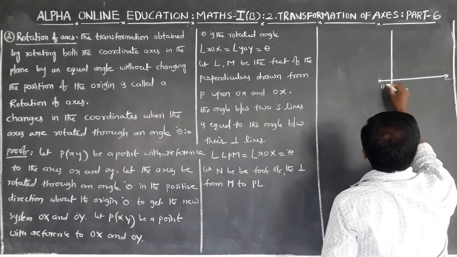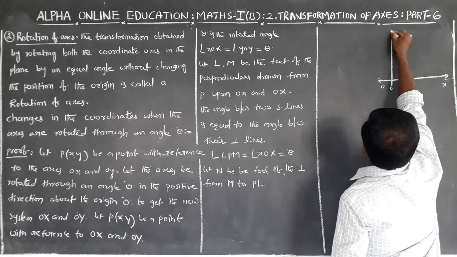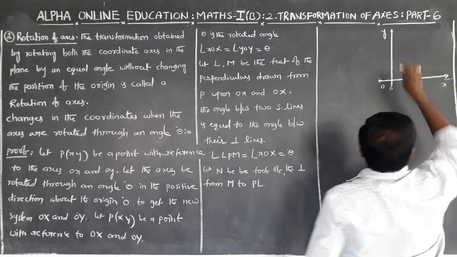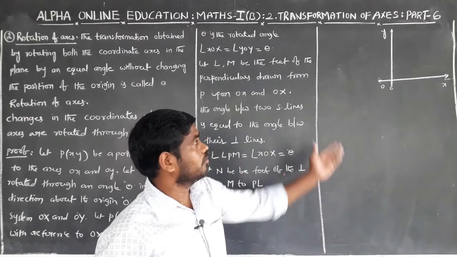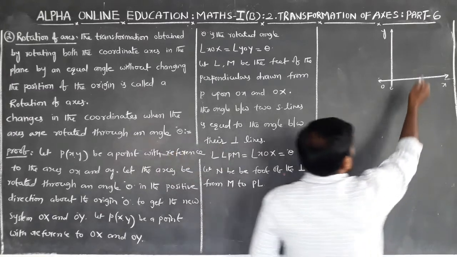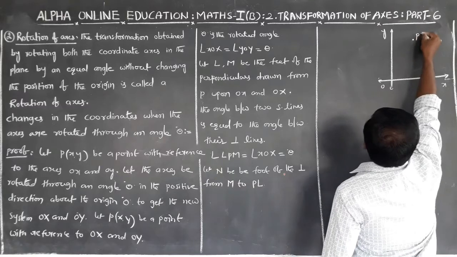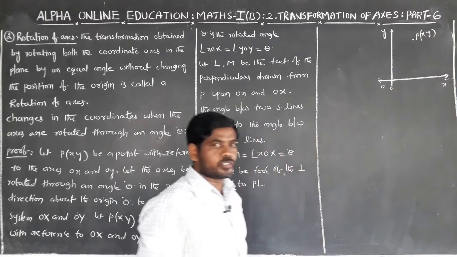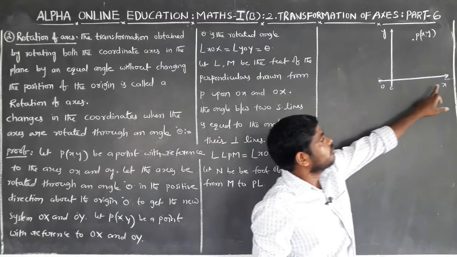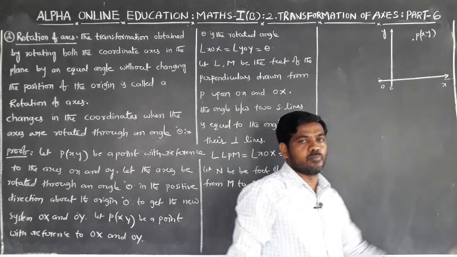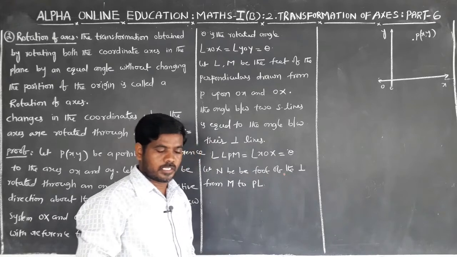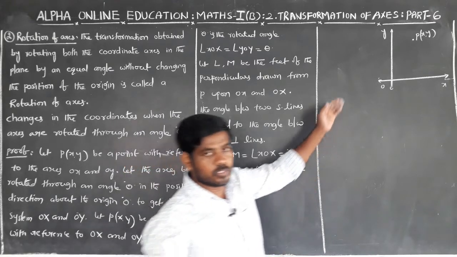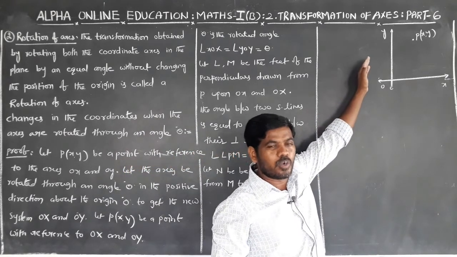This is the origin, O small x and O small y being the original system. Here P(small x, small y) is a point with reference to the original system O small x and O small y.